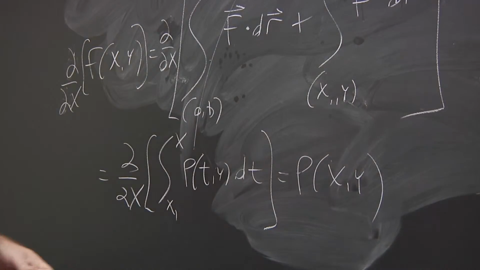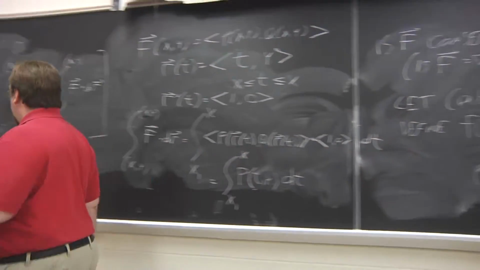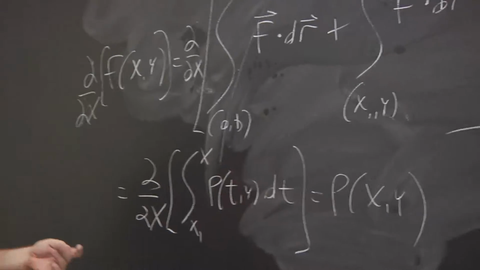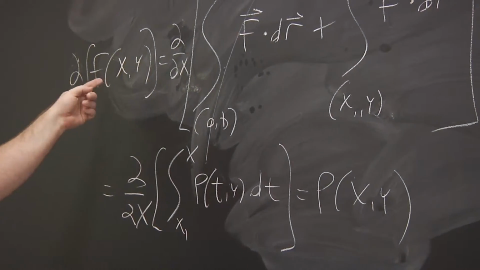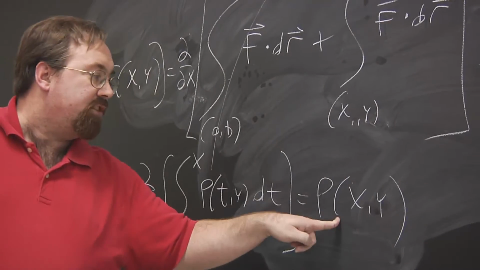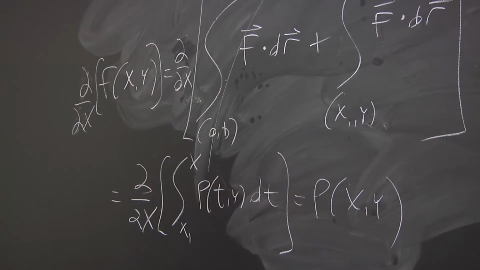So by defining f in this way and choosing a convenient path, we were able to show, because the path doesn't matter, that the partial of f with respect to x is the x component of a vector field.